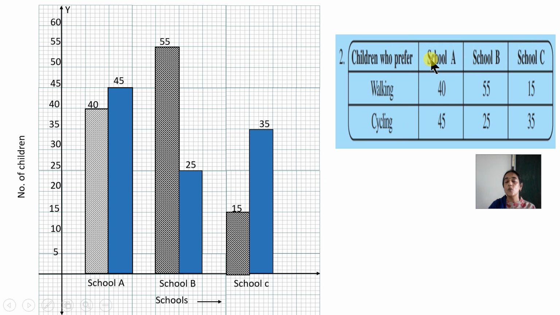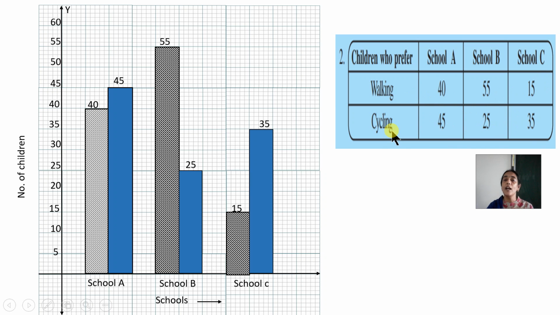So in school A, 40 children prefer walking and 45 children prefer cycling. In school B, 55 children prefer walking and 25 children prefer cycling. School C, very less. 15 children prefer walking and only 35 children prefer cycling.